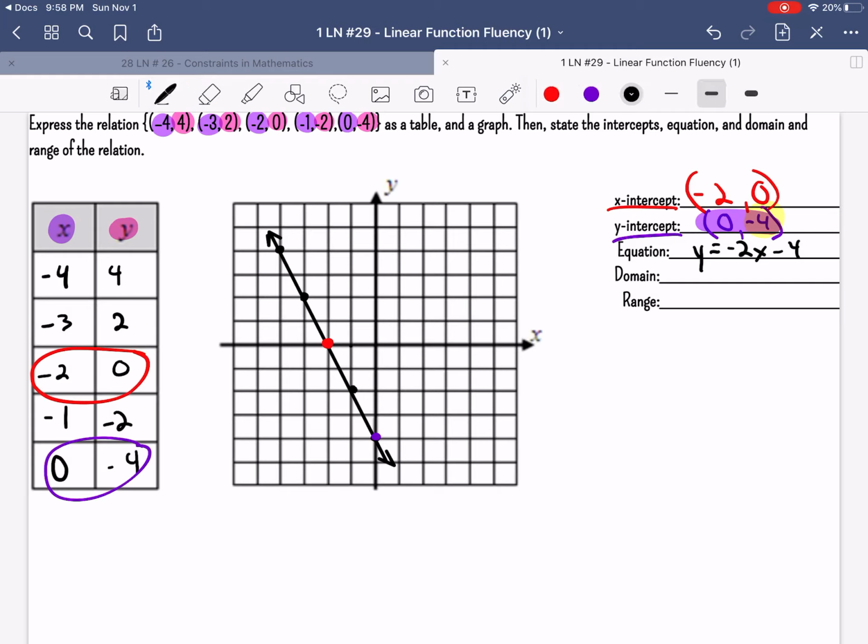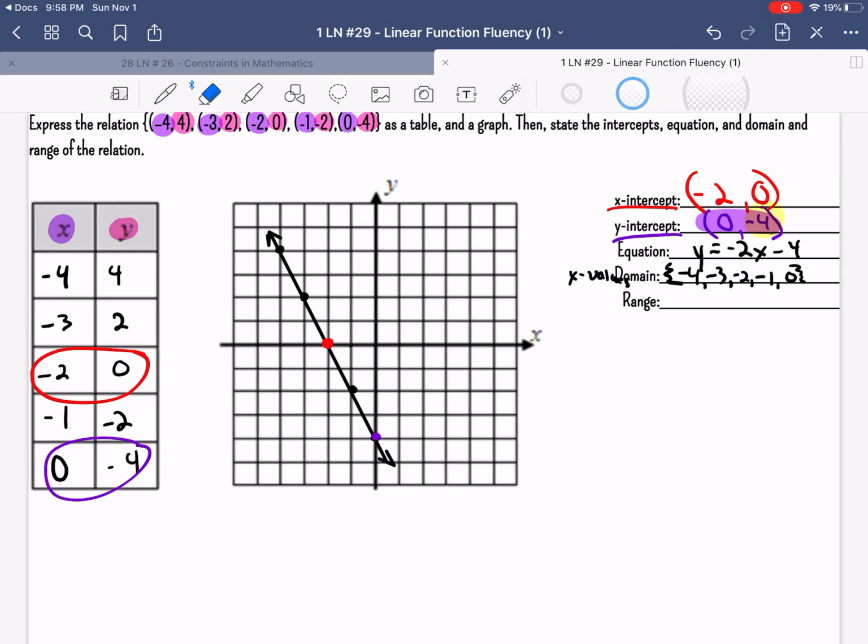Now I need to see the domain, so I can write it with brackets, right? And then just write all the x values, because the domain is the x values. So in this case, that's the easiest way to do it, okay?